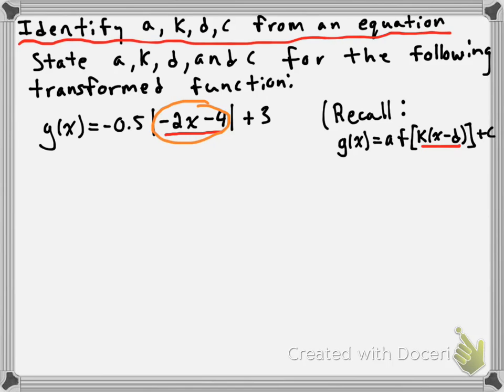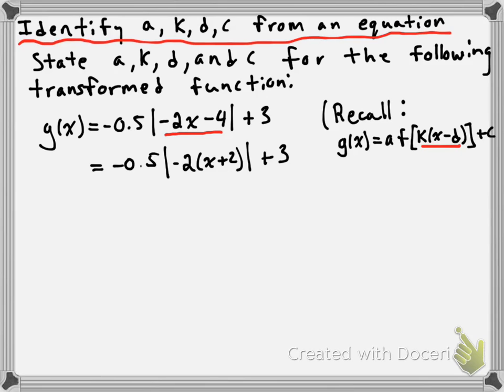So what we're going to want to do is actually common factor out our k value, and in this case our k value is going to be -2. So we're going to want to common factor a -2 out of there to make it look like our function notation properly. Alright, so let's see what we get when we do that. So we're going to have -0.5 times the absolute value of, if we're common factoring out -2, -2 open bracket x plus 2 close bracket, plus 3.